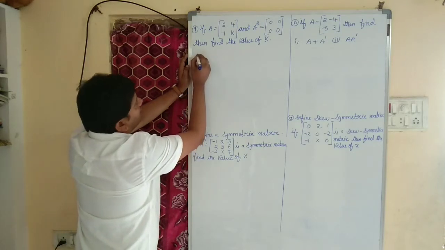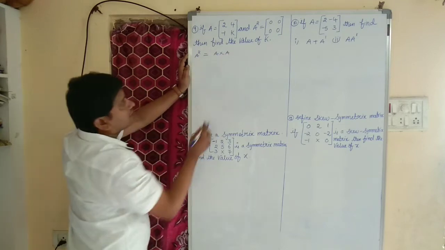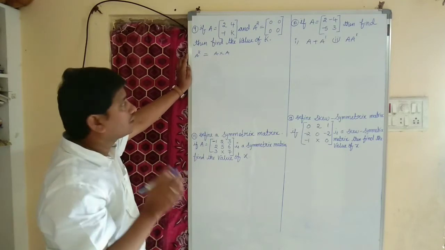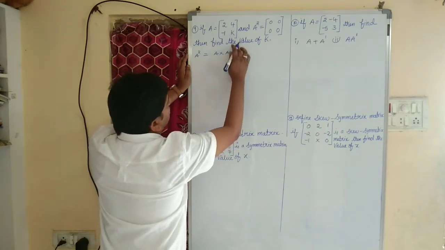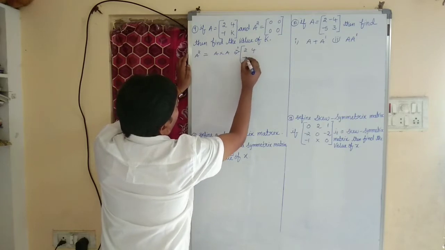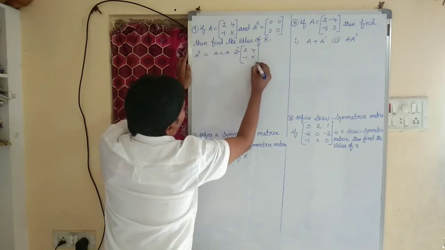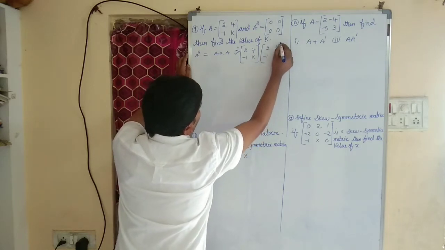So A square in the sense A into A, right? So what is matrix A? Matrix A is [2, 4; -1, k] into [2, 4; -1, k].